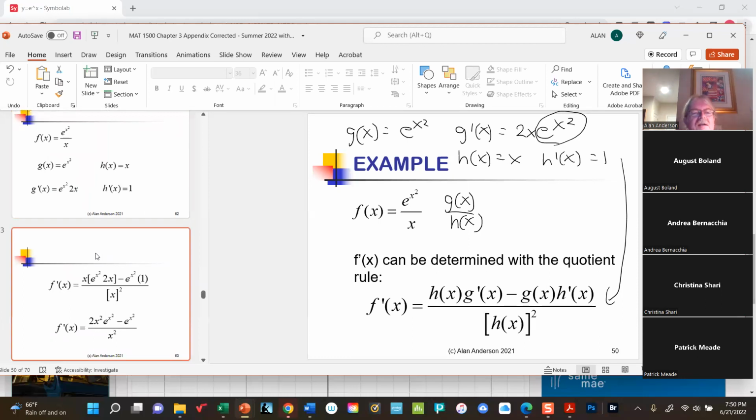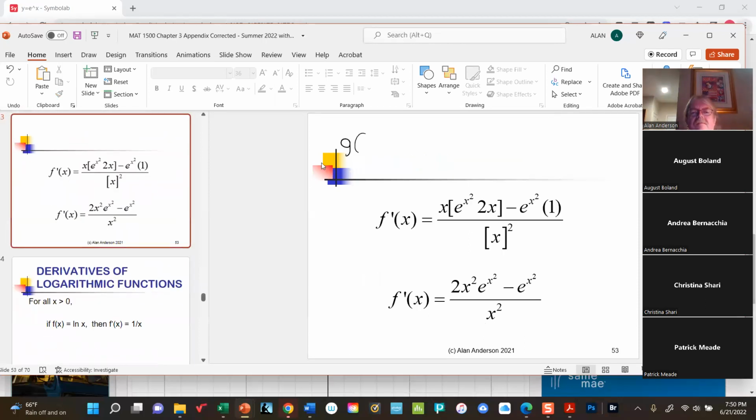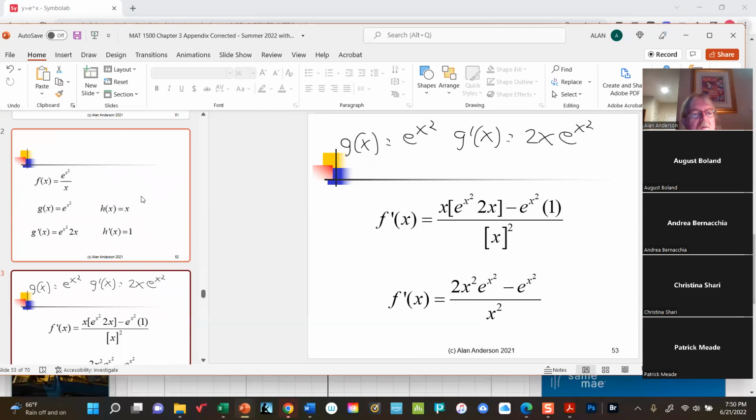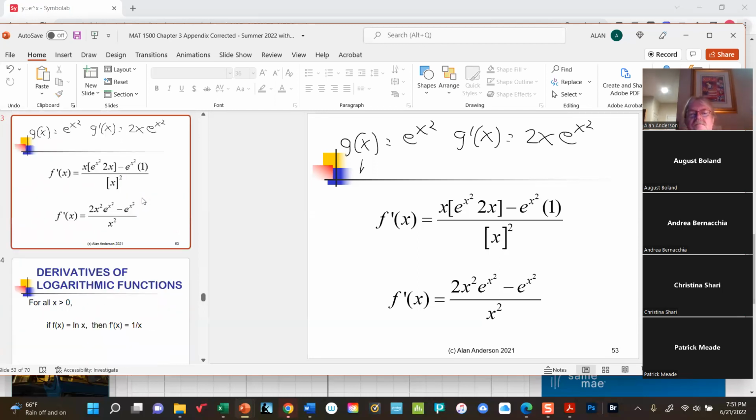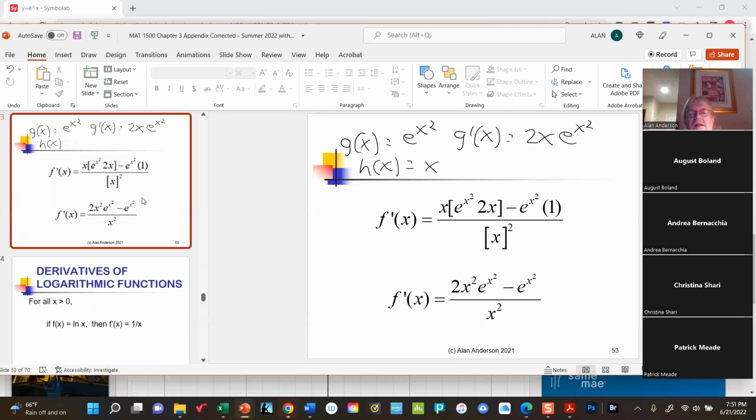I'll do this. g of x is e to the x squared. g prime of x is 2x e to the x squared. h of x was just plain old x. And h prime of x is 1.